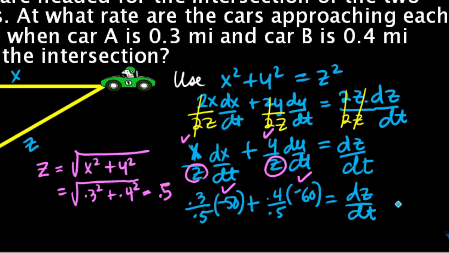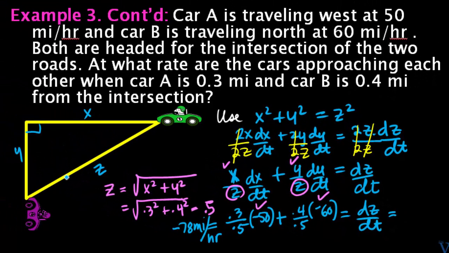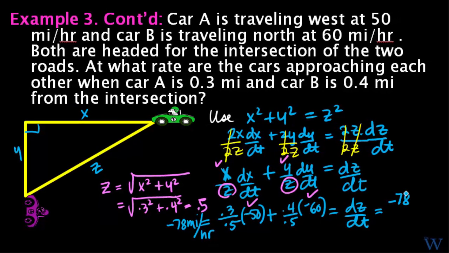When you simplify all that, it works out to negative 78 miles per hour. Please make sure you check those. So that's the answer for how fast these two cars are approaching each other: minus 78 miles per hour.